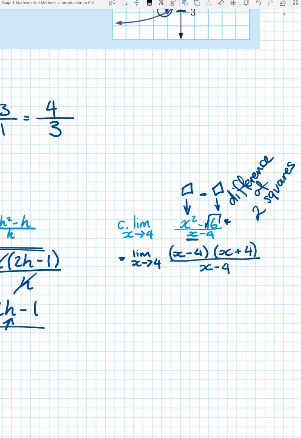Because these two are multiplied together, we can cancel out that one. And we're left with the limit as x approaches 4 of x plus 4. We can't simplify that anymore. So we put the value of 4 in for the x, and 4 plus 4 gives us 8.